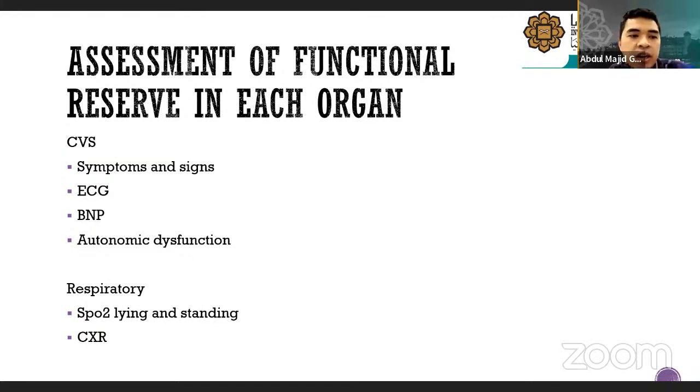For cardiovascular, we can assess signs and symptoms of myocardial ischemia as well as failure. We can also see the ECG, and failure we can see from BNP, and assess autonomic dysfunction using lying and standing BP, and can also do the Valsalva maneuver in the clinic. For respiratory, we can see the SpO2 lying and standing because of the increment of closing capacity, and the chest X-ray for the patient.